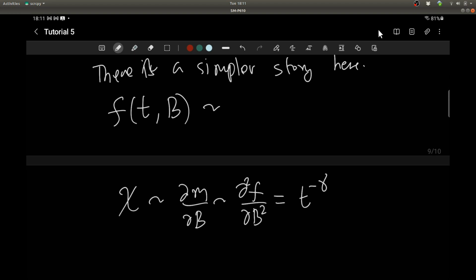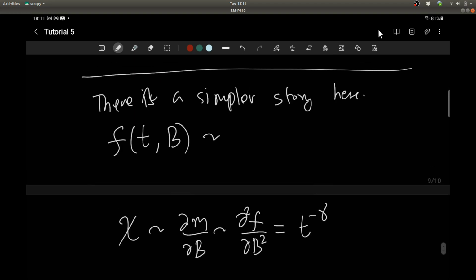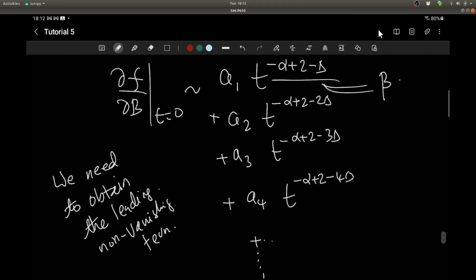So what I want to do here is to write this in a slightly different form. I wanted to give a different expansion where I pull out. Yeah.